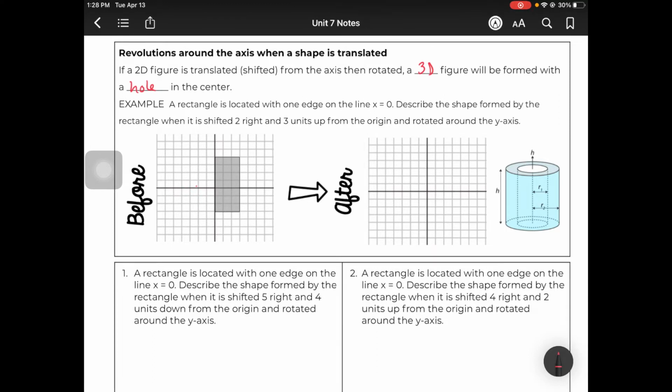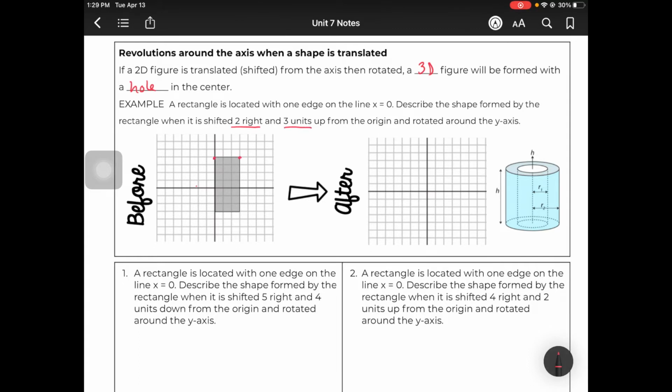So here's our example. We start with this rectangle located on one edge of the line x equals 0. Describe the shape that is formed by the rectangle when it is shifted 2 units right and 3 units up from the origin and then rotated around the axis. So we start with this rectangle, and we're going to shift it 2 units right and 3 units up.